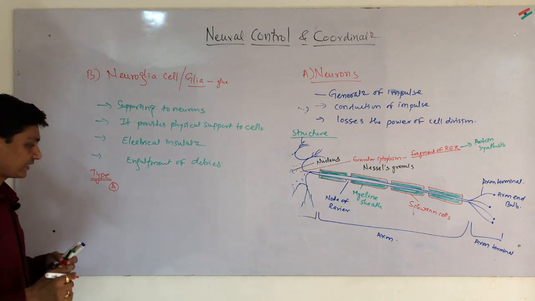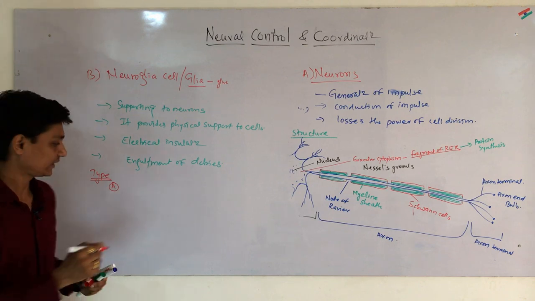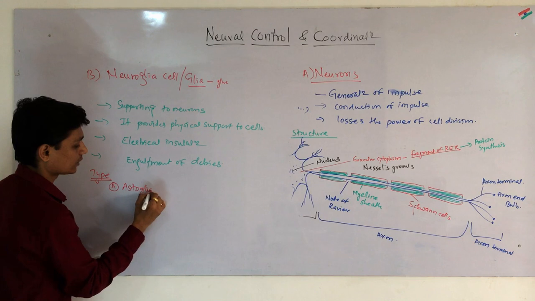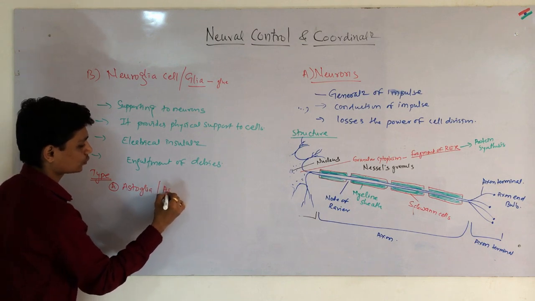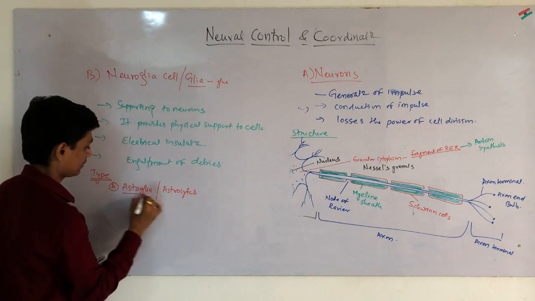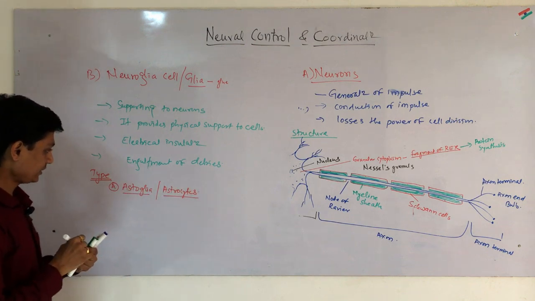First, that is astroglia, also known as astrocytes.